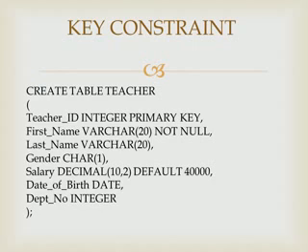So taking the same table, create table teacher. Here the ID of the teacher is the primary key. Each and every teacher will have his or her own unique ID, and that will be common for that particular teacher only.